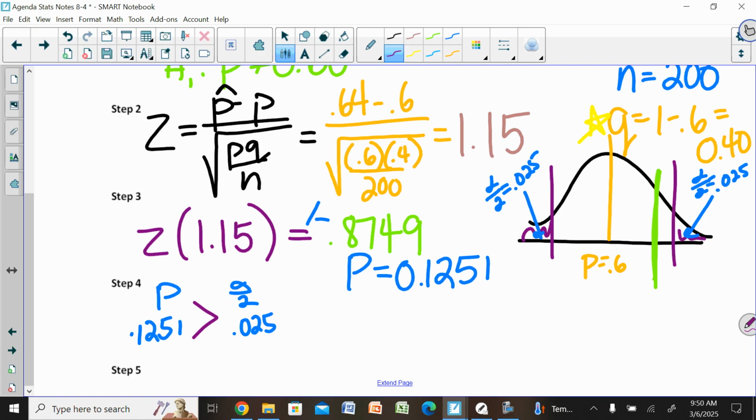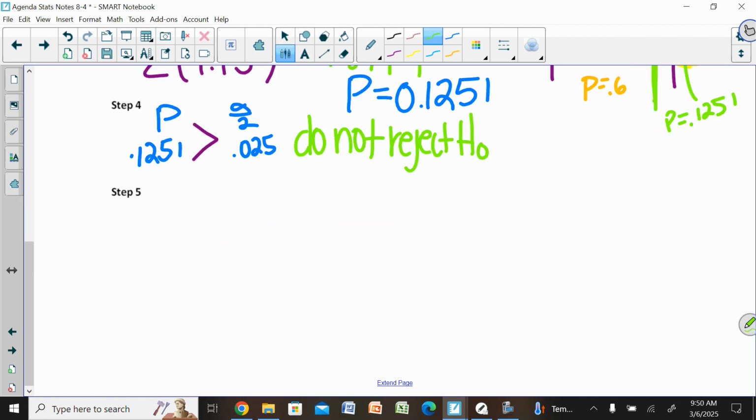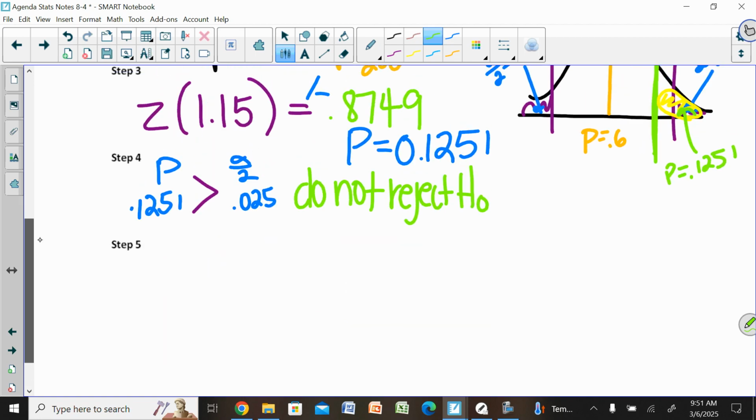So if I was going to put that p-value on here, if I've just got 0.025 and I'm going to color in 0.1251, that is much larger than my alpha area, which means it flows into the do not reject H sub 0 region. Remember, I only mention H sub 0. I never support H sub 1. I only reject or don't reject H sub 0.